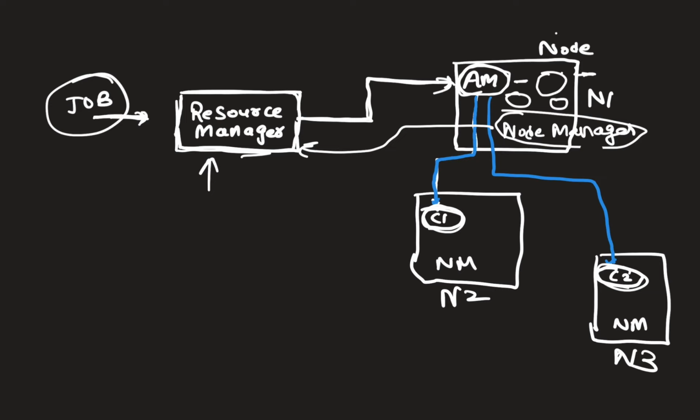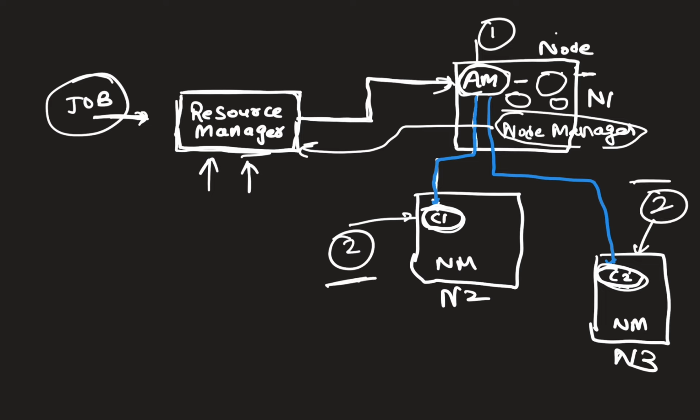So in this way, there are two things happening. Once you submit your job, resource manager negotiates the resources, and once the resources have been allocated to you, it launches application master as a first step, and then as a second step your containers are launched, and your containers are managed by your application master, right?